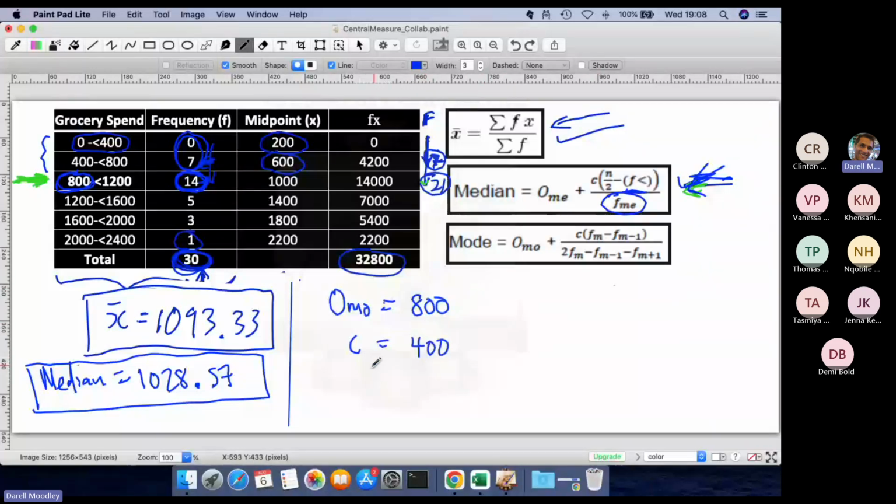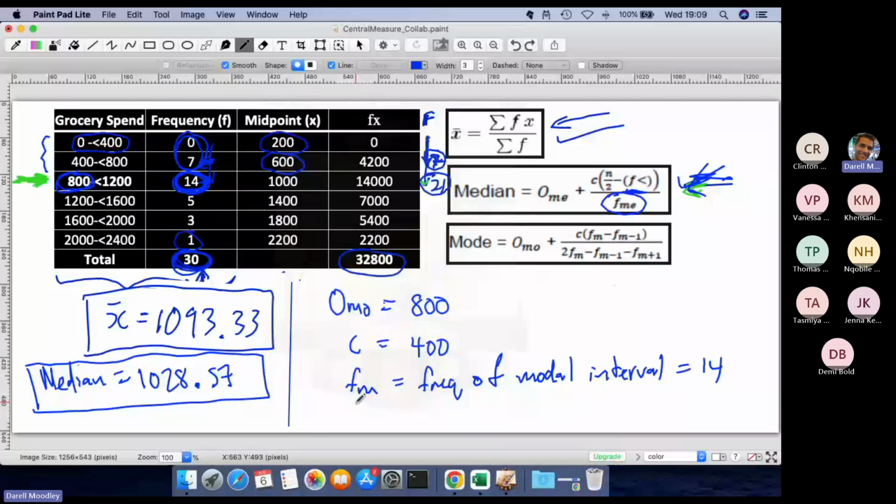Okay, now you have this symbol here, F_M. F_M is just the frequency of your modal interval. And if you look at the frequency for this interval, it's just 14. So your F_M is 14.